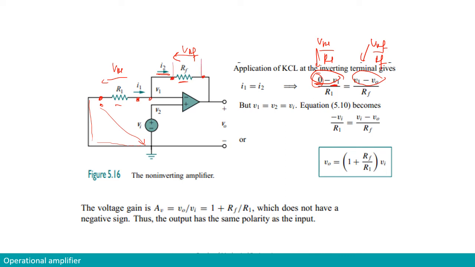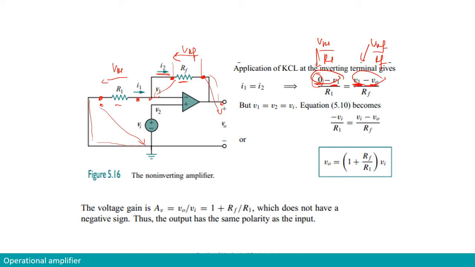The voltage at this point is the same as V1 because there's no component in between them. So we have V1 here. And the voltage at this point is equal to V0 because there's no component in between them, right? So at the end, it is V1 minus V0.